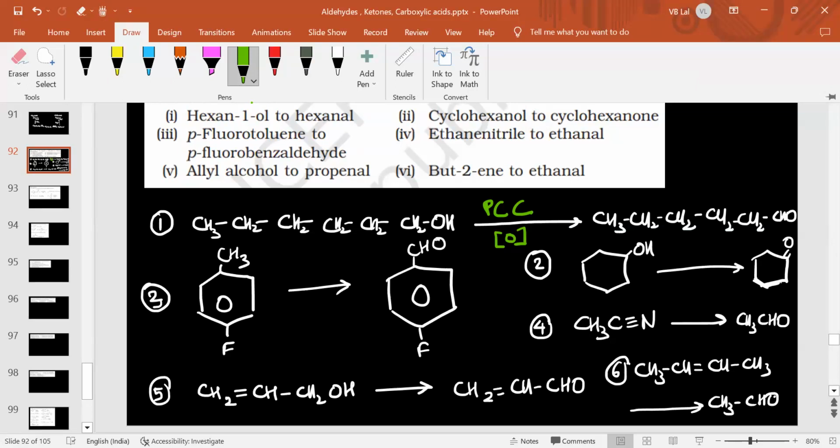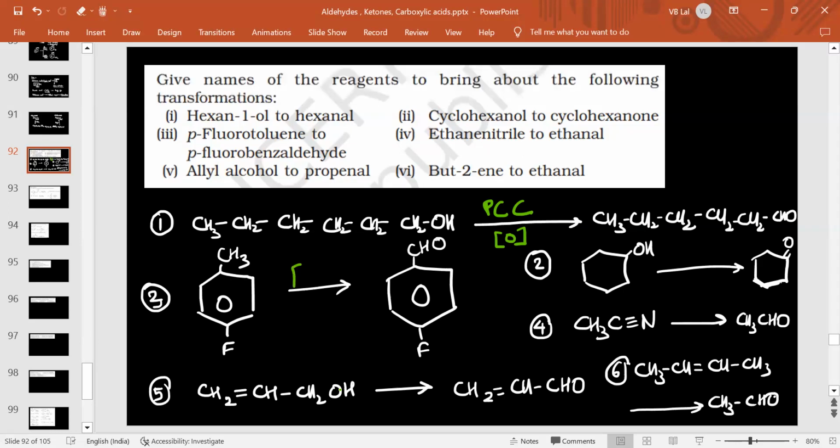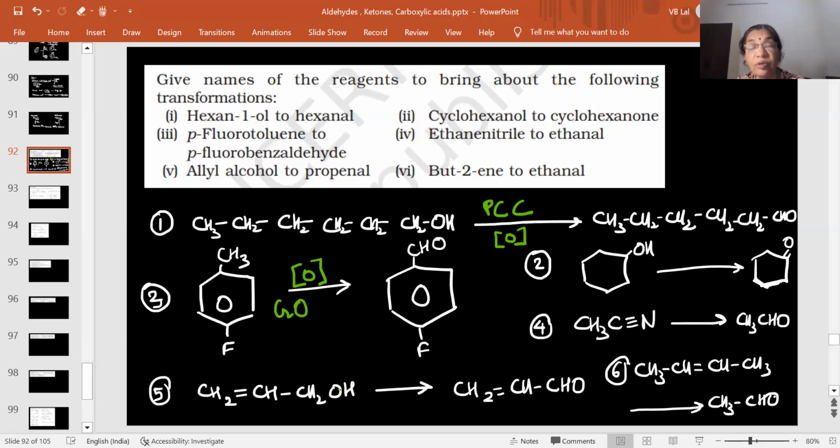Ma'am, number 3 is it is also oxidation, but it is in presence of a special reagent. I told you what is a special reagent? CrO2Cl2. It oxidizes CH3 to CHO, but not into acid. CrO2Cl2 and H2O. Right?